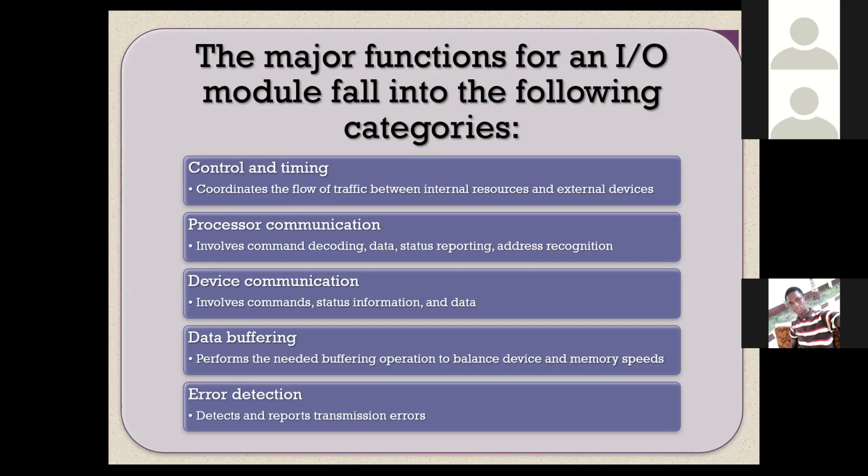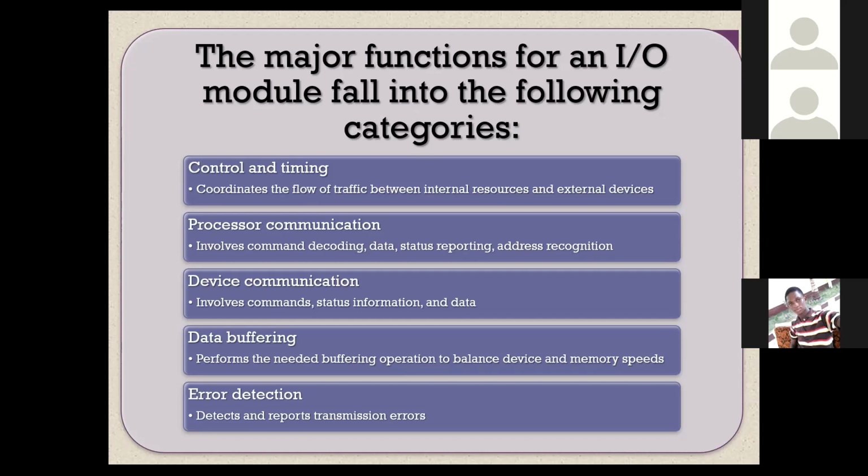This fact can be reported with a status signal, and common status signals are, for example, busy and ready. And there may also be other signals to report various error conditions as well.